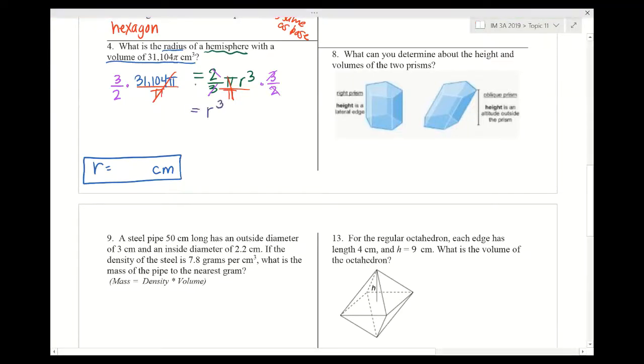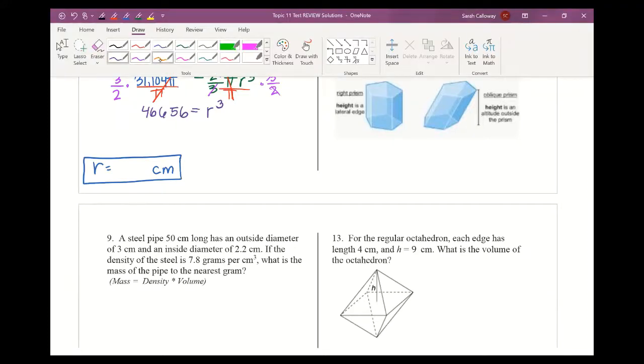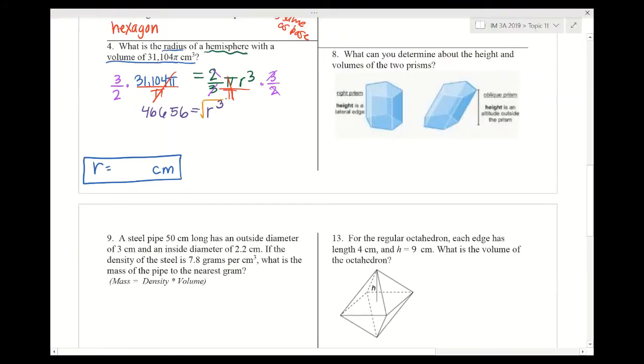cubed is equal to 31,104 times 3 divided by 2. And so that gives us 46,656. Then to figure out the value of the radius, since the radius is cubed, we're going to take the cube root of that.